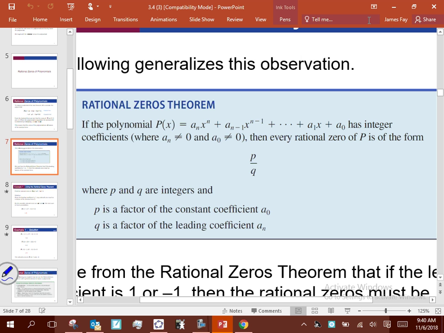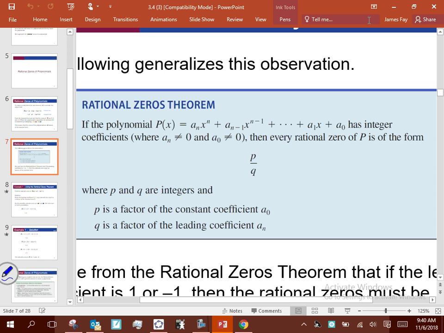So that's the 24 that we saw on the last slide. The factors of that are plus or minus 1, 2, 3, 4, 6, 8, 12, and 24.